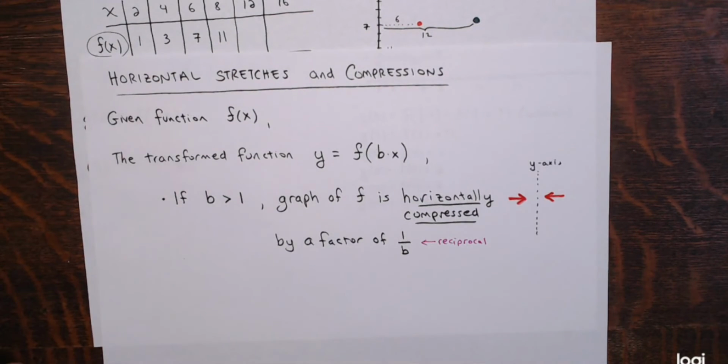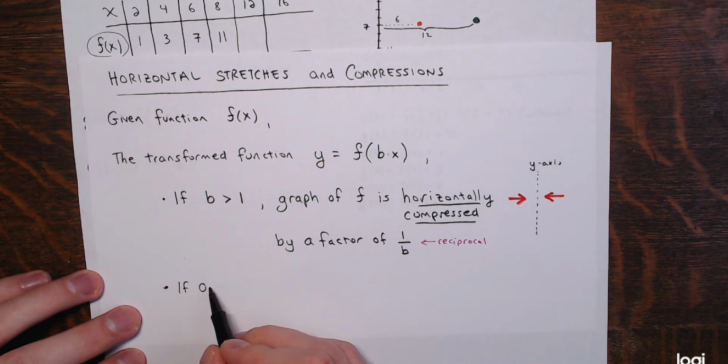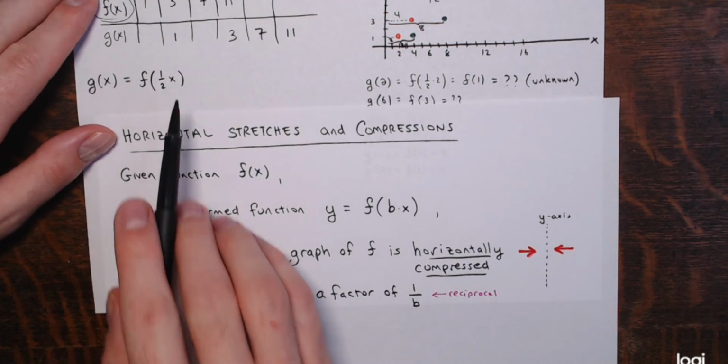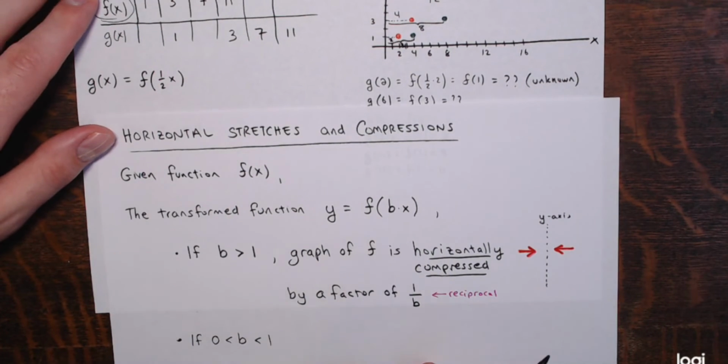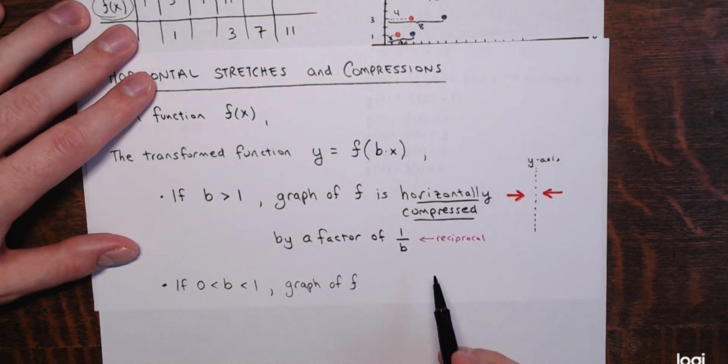So the second case is, if b is between 0 and 1, like in my example, it was half x, b was a half. Then the graph of f will be horizontally stretched, as we saw.